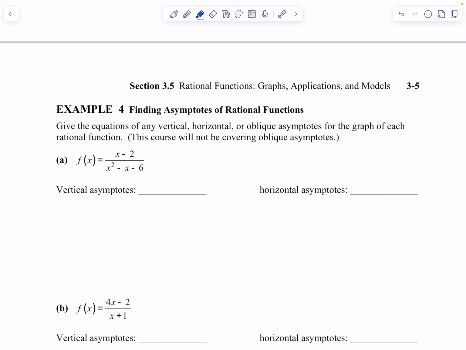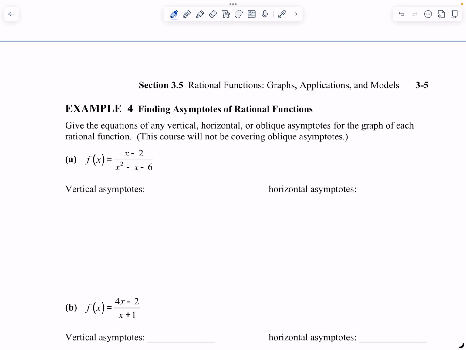Again, your vertical is just where your bottom is equal to 0, so we're just going to set it equal to 0. x squared minus x minus 6 equals 0. Notice we have a squared, so we're going to get two answers. If I factor that, I'm going to have a 2 and a 3, and the negative goes with the 3.